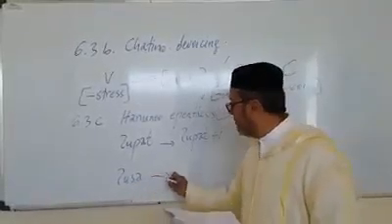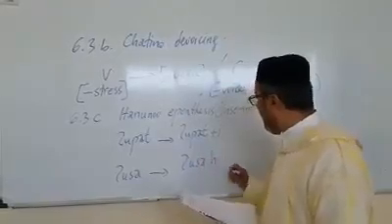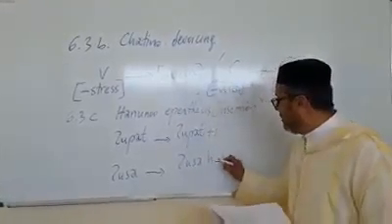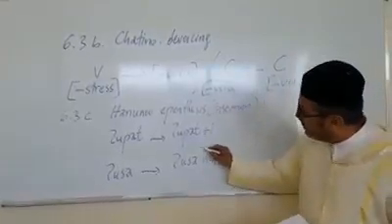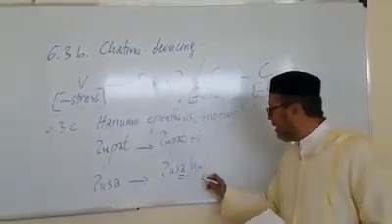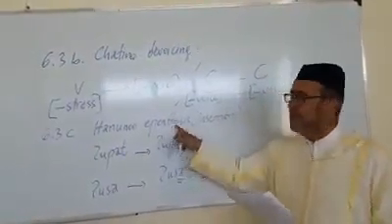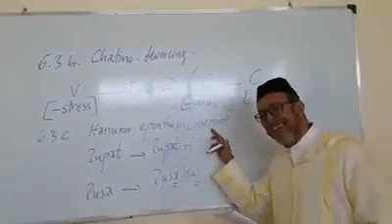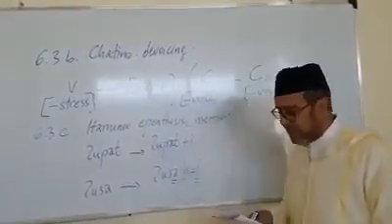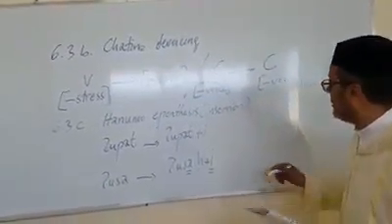We inserted the glide between the vowel a and the vowel e. So this is what we call epenthesis or insertion in general. The glide is inserted.